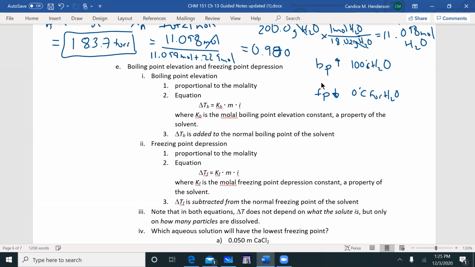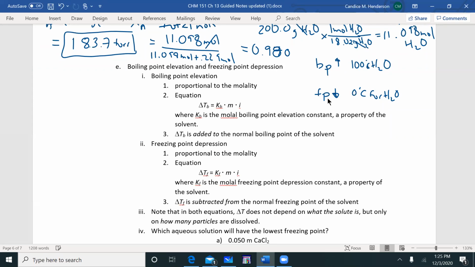So in a situation where we have water on the stove, if I throw salt in it, depending on how much salt I throw in there, it's going to take the boiling point from 100 degrees Celsius to maybe 110 degrees Celsius. In that case, the water can actually get hotter than 100 degrees. It can get to 110 and the pasta can cook faster. And you also flavor your pasta. The opposite is true with freezing point.